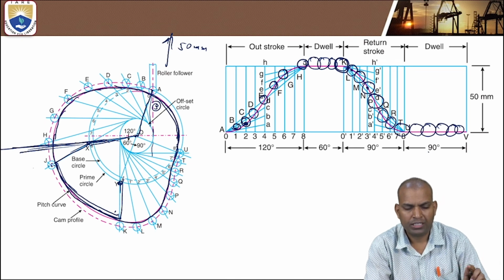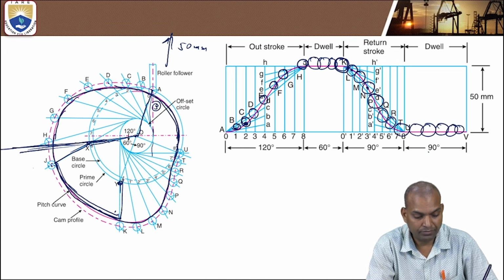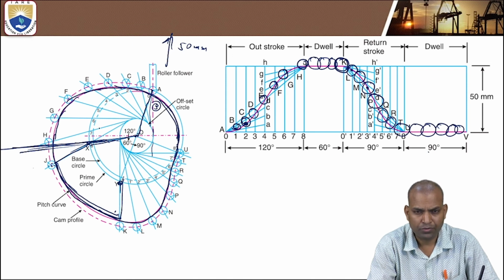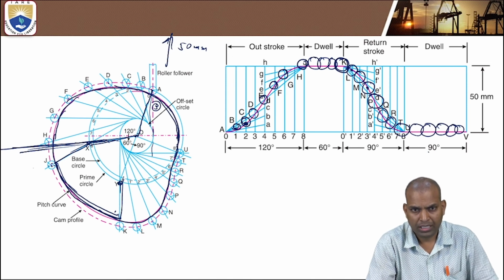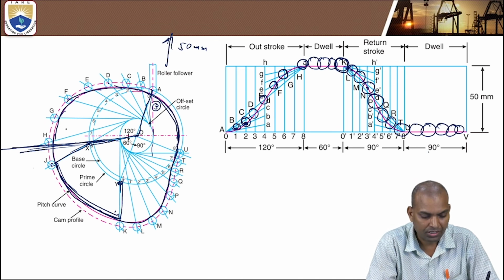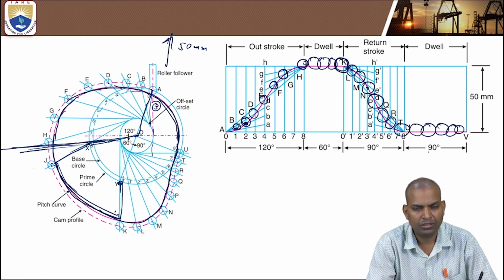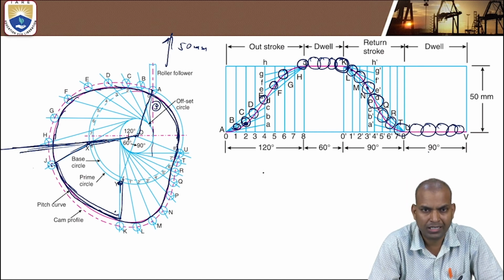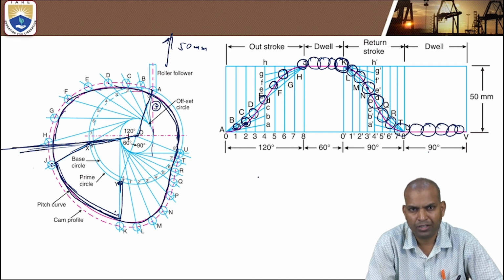So here very important is that the shape of the cam is dependent on the displacement of the follower and also the angle of dwell, angles of outstroke, angles of return stroke and return dwell period. These are the angles, and also the shape of the cam is dependent upon whether the follower is under uniform acceleration or retardation or simple harmonic motion or uniform velocity motion.